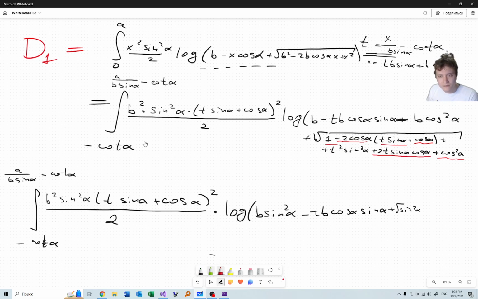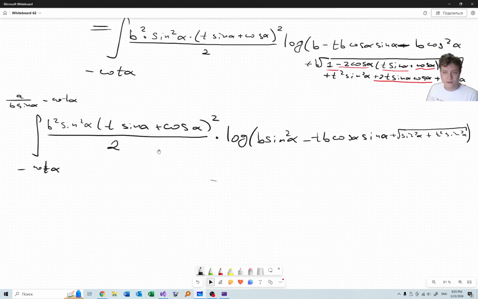And also we have t squared sine squared alpha. After all this, we can remove b sine alpha from the logarithm.